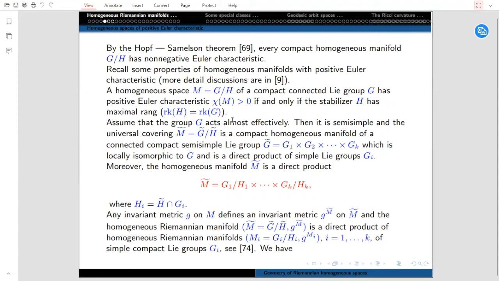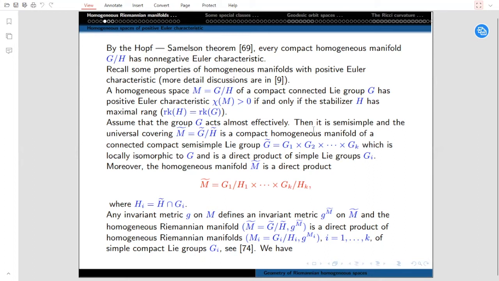A homogeneous space G/H of a compact connected Lie group G has positive Euler characteristic if and only if the stabilizer H has maximal rank. This means the rank of H is equal to the rank of G. Assume that the group G acts almost effectively.